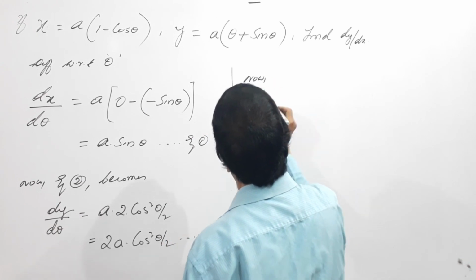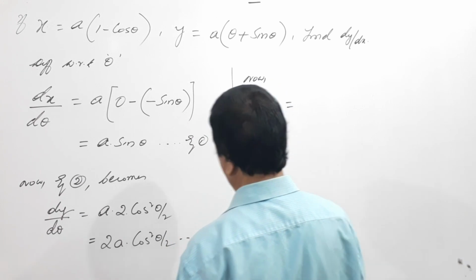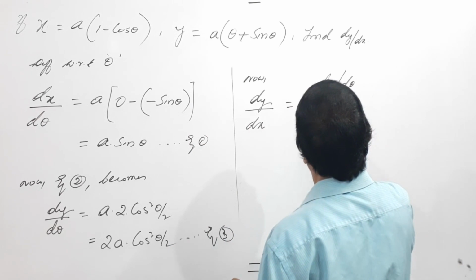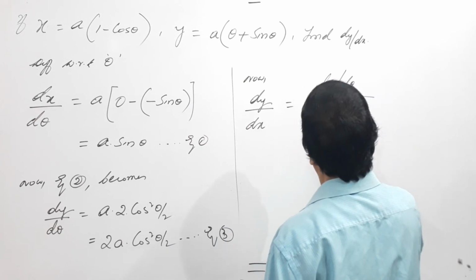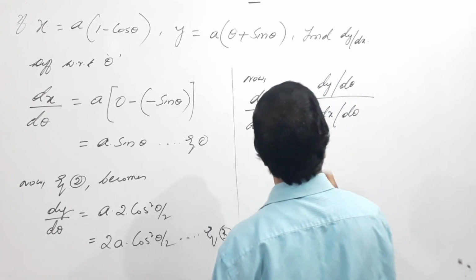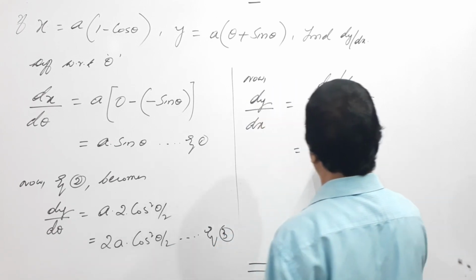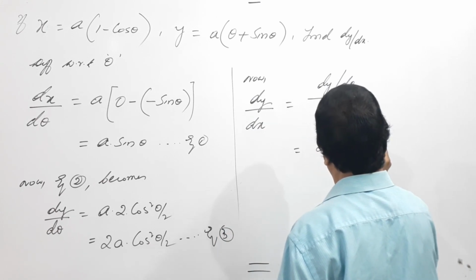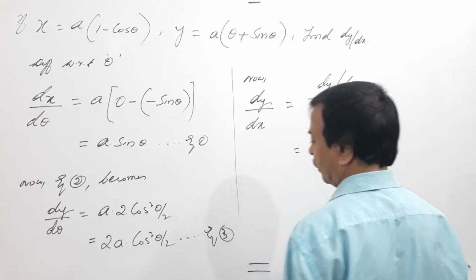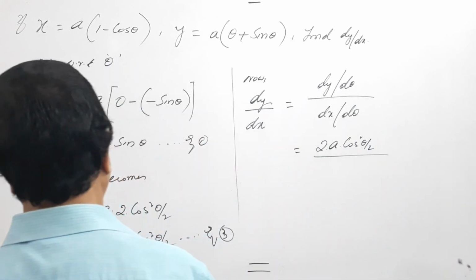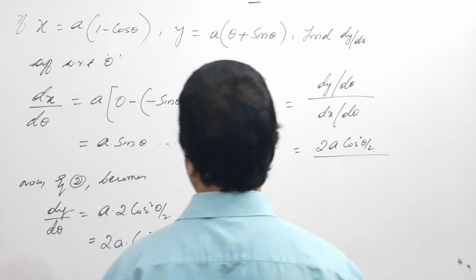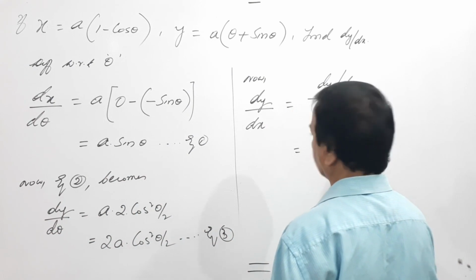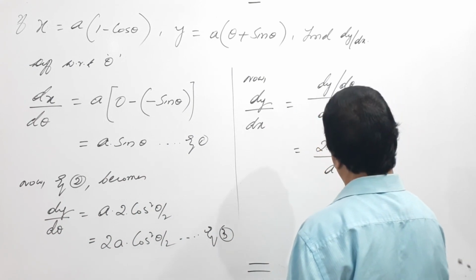Now dy by dx equals dy by d theta divided by dx by d theta. What is dy by d theta? It is nothing but 2a cos square theta by 2 divided by a sin theta.